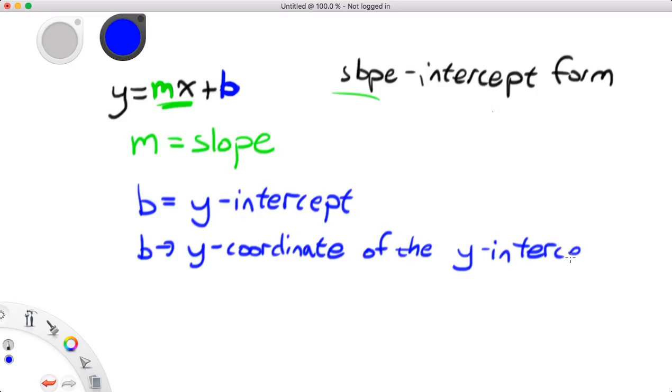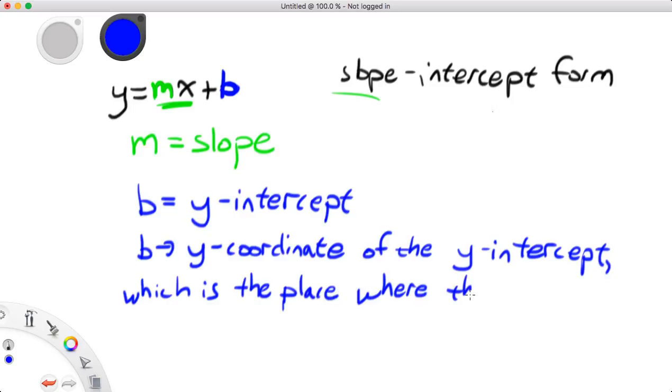But more importantly, your b is going to be the y-coordinate of the y-intercept. Now, what is a y-intercept? Well, maybe I'm going to make some English teachers happy here.